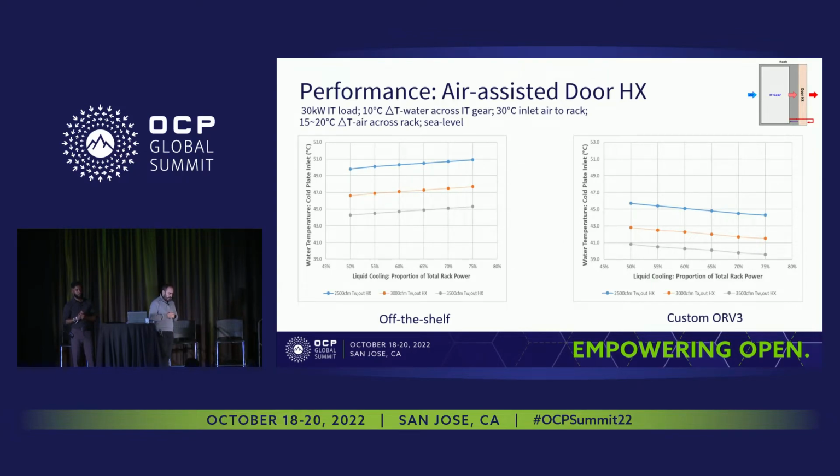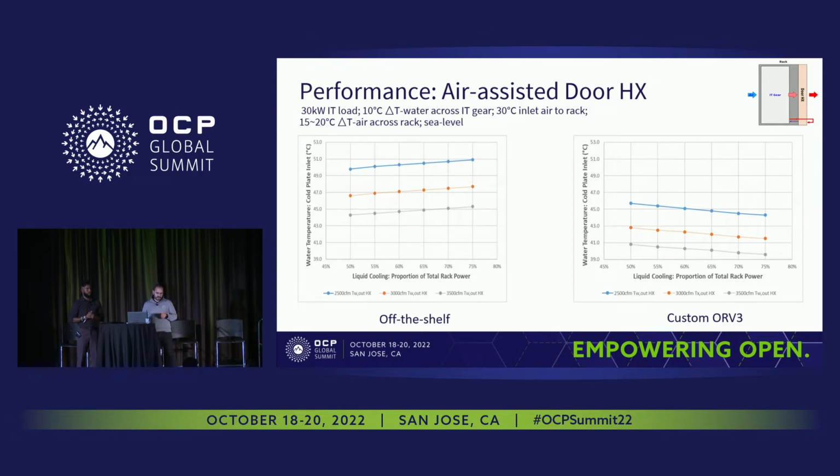In the case of the air-assisted reactor heat exchanger, the main thinking here is that if you increase the performance, you can also decrease the supply water temperature to the cold plates. It means at least that you can increase the power of your rack without paying a penalty with the temperature.